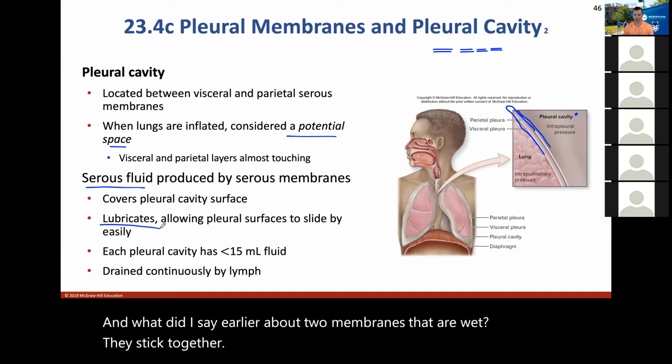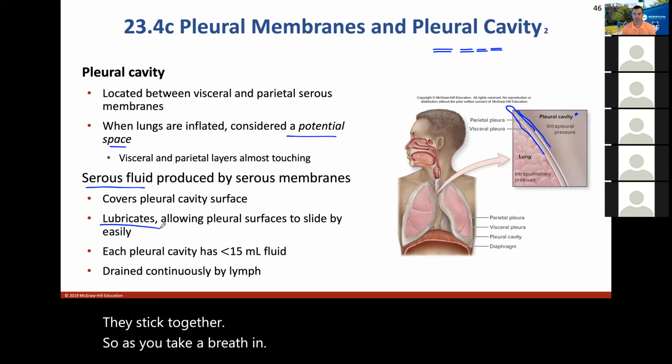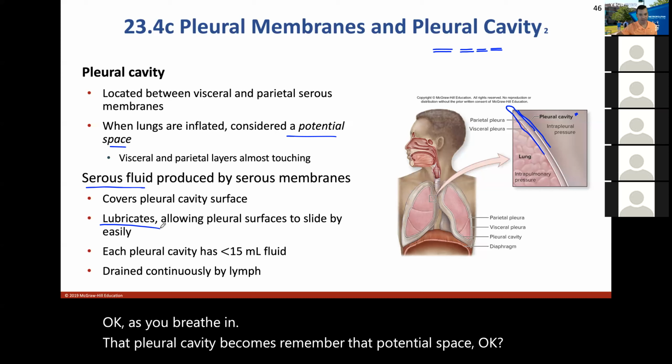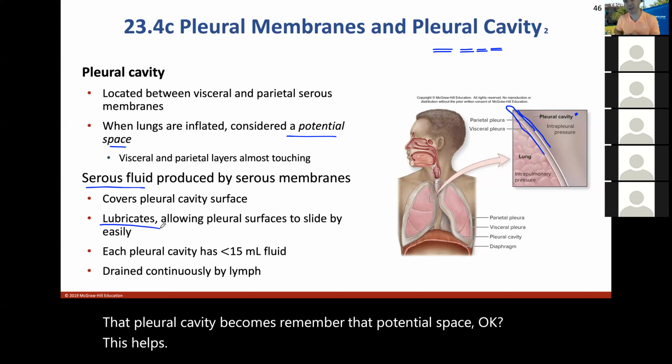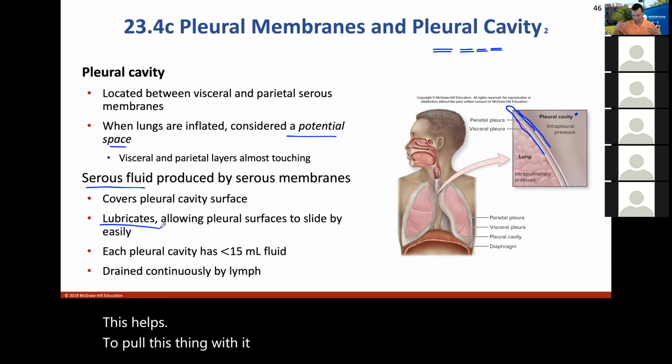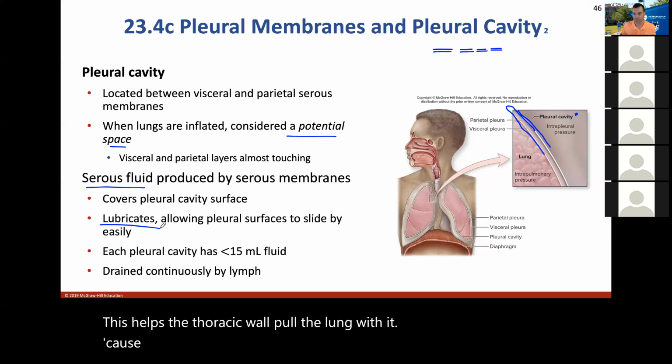So as you take a breath in, keep going. As you breathe in, that pleural cavity becomes, remember, that potential space. This helps the thoracic wall pull the lung with it because they're watery. Okay.